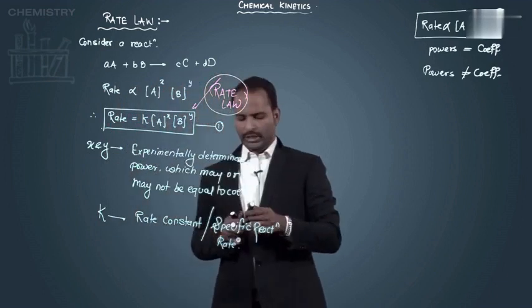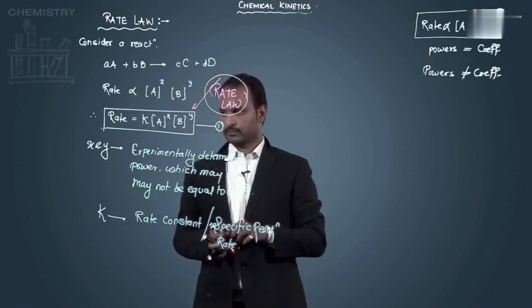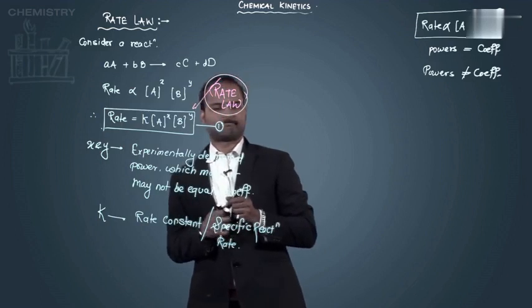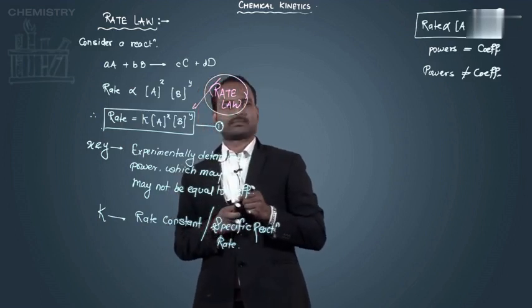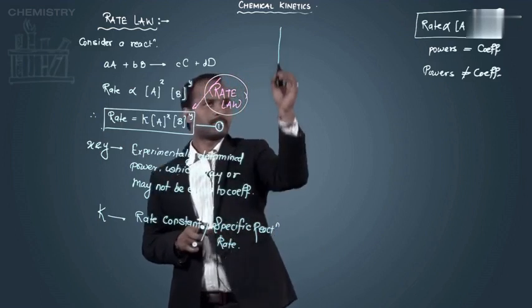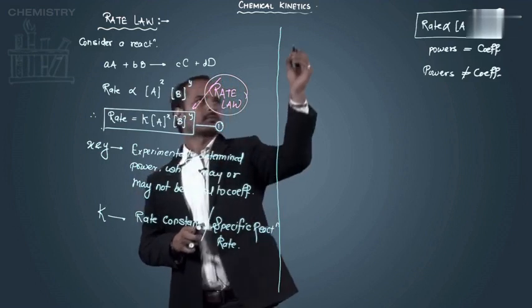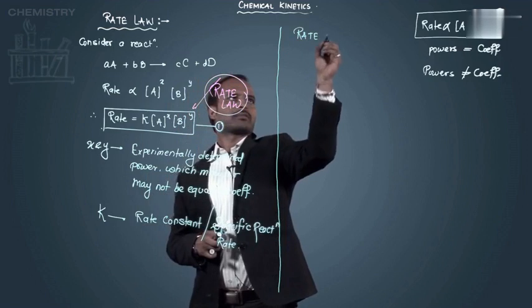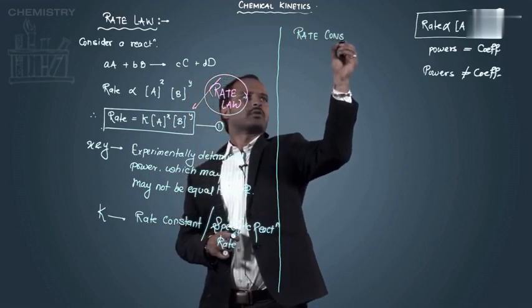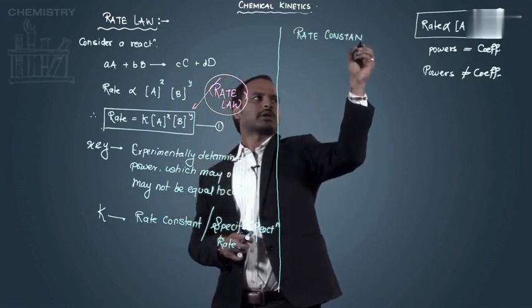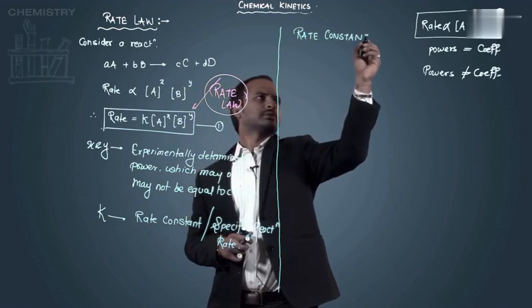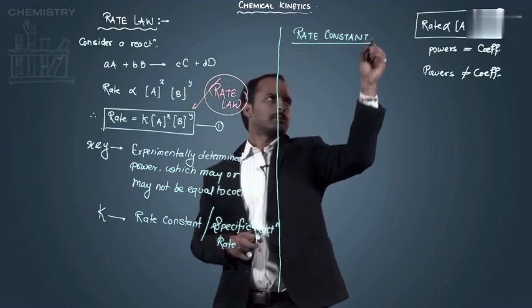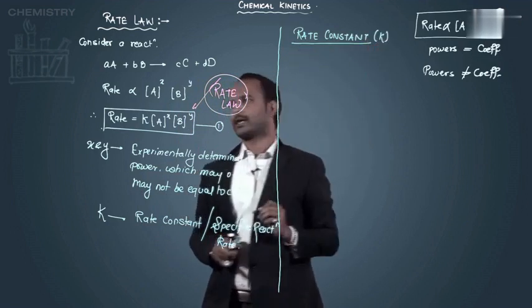Now let's talk about the rate constant, again an important thing for chemical kinetics.